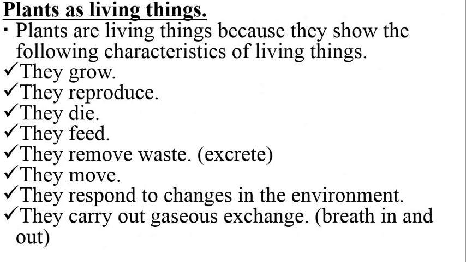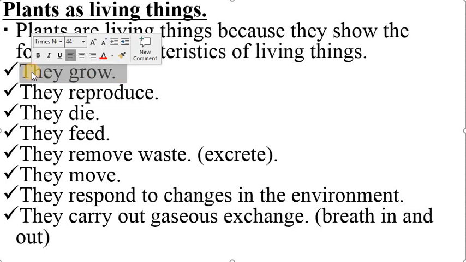Lastly, plants as living things. We consider plants as living things because they show the following characteristics. These are the things I've just talked about earlier. We accept plants are living things because, the first point on your screen, you can see they are able to grow.